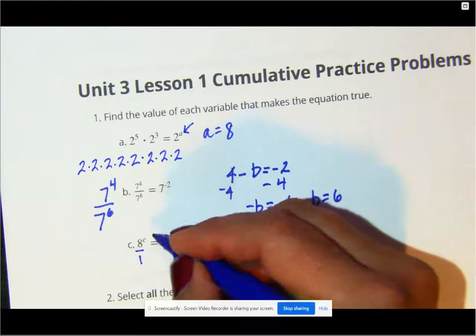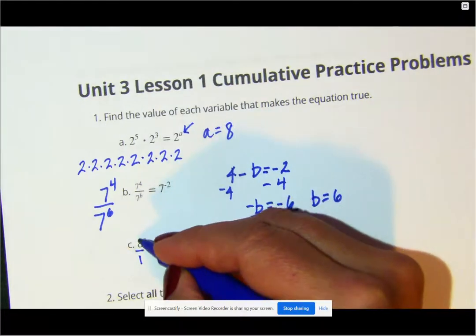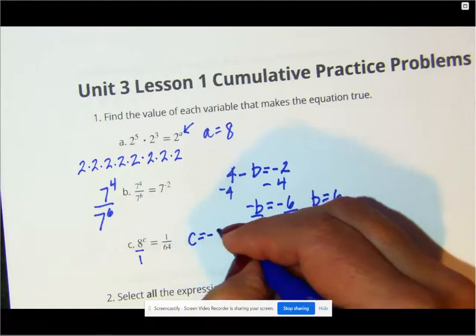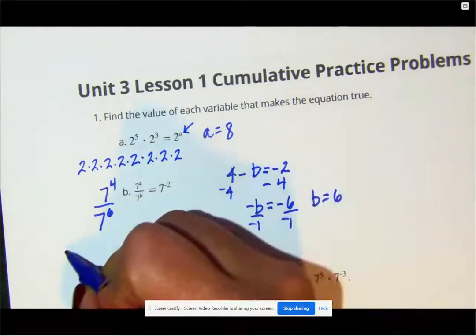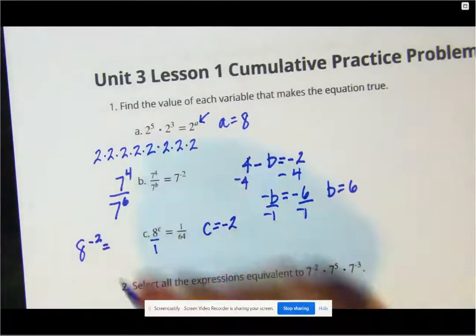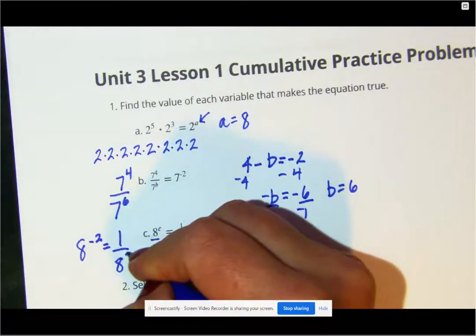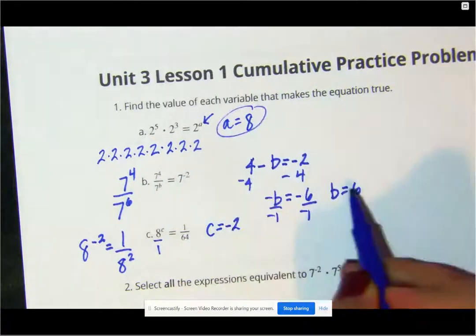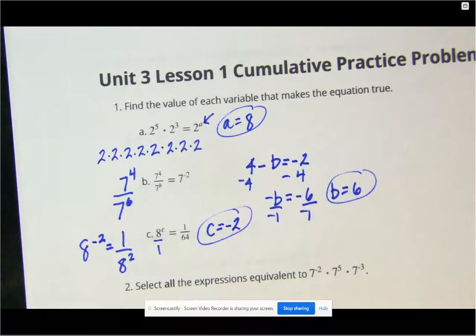That means it's a negative exponent. Those 8s need to be brought down here. So C is going to be -2. And then let's think that through. 8 to the -2 means that there's 2 8s on the bottom, and 8 squared is 64, 1 over 64. So A was 8, B was 6, C was -2.